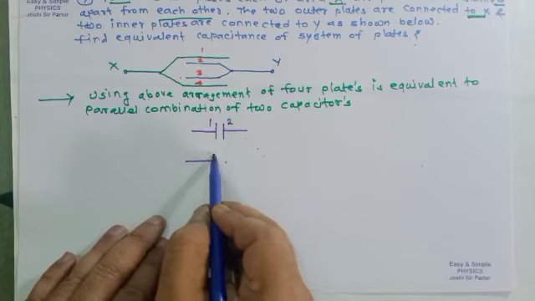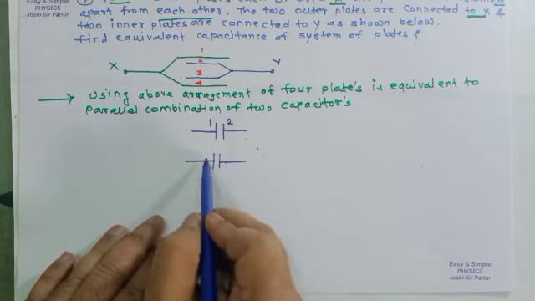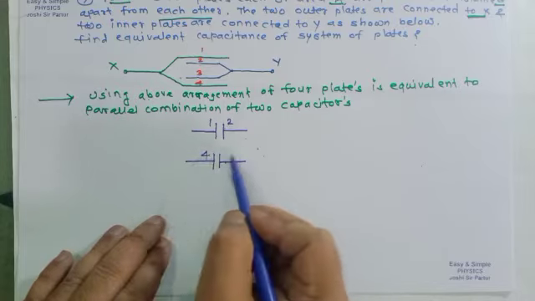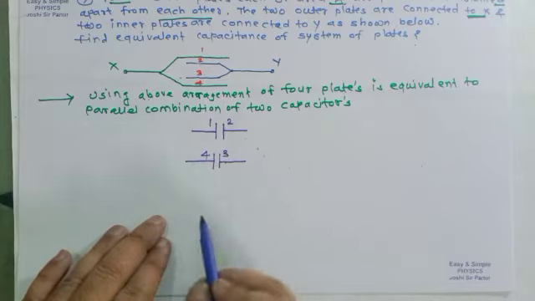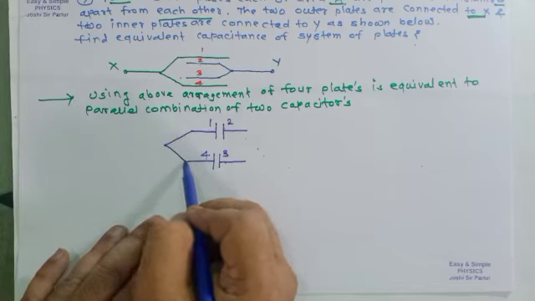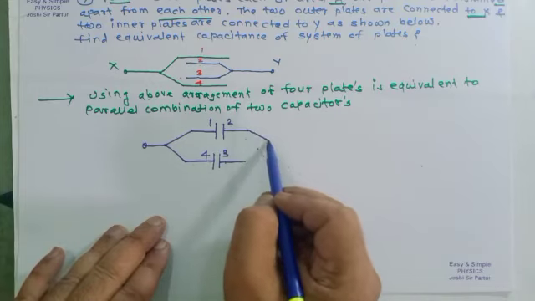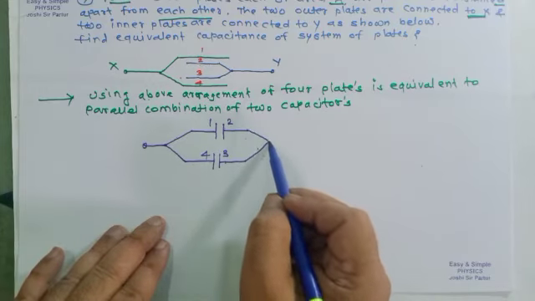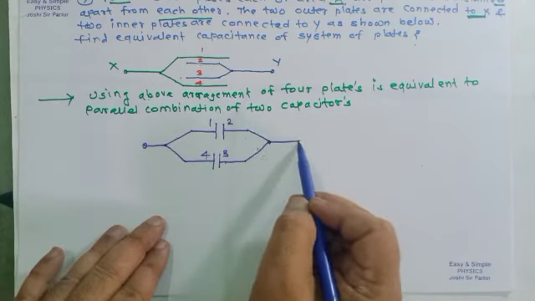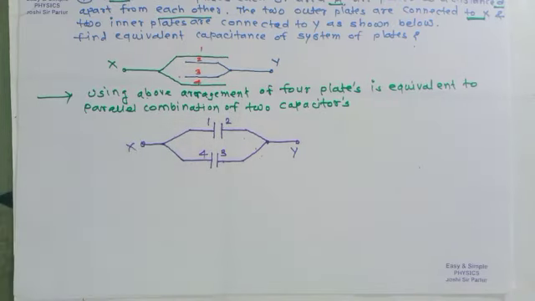Again another capacitor will be here, plate number 4, plate number 3. Means plate number 1 and plate number 4 will be connected across X. Plate number 2 and plate number 3 will be connected across Y. This is the equivalent circuit diagram of the above arrangement.